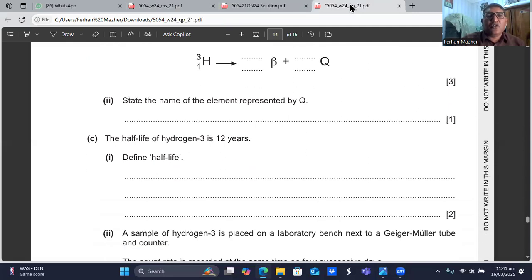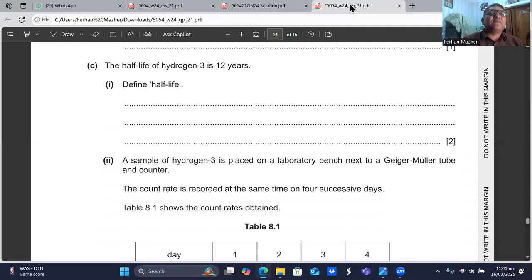Okay. So question number 8, it's the C part. The half-life of hydrogen-3 is 12 years. Define half-life. The definition of the half-life is the average time duration in which half of a given sample of an isotope will decay.